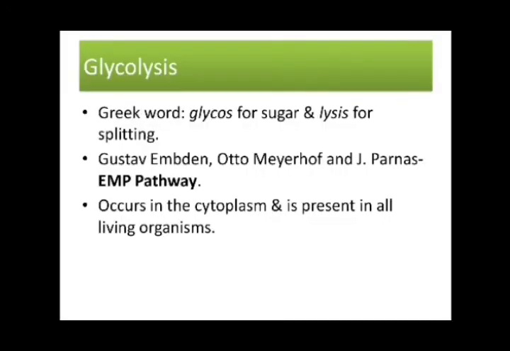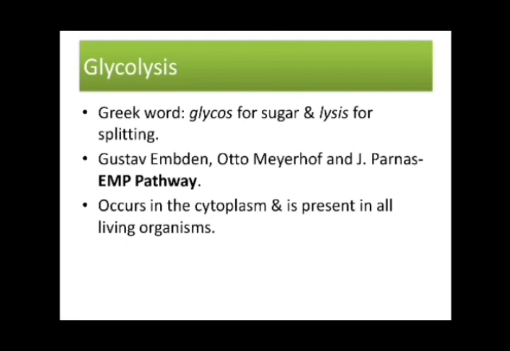So let's discuss in detail the glycolysis process. The Greek word glyco is for sugars and lysis for splitting. So it means glycolysis is the splitting of sugars. This scheme of glycolysis was given by Gustav Embden, Otto Meyerhof and J. Parnas, and is referred to as the EMP pathway.